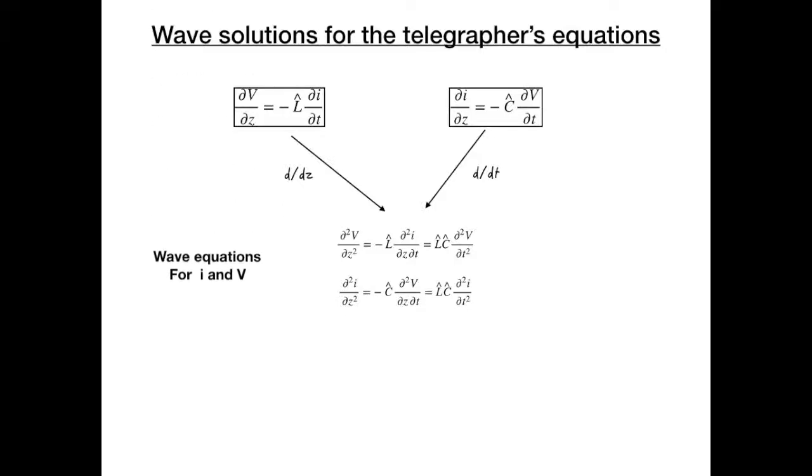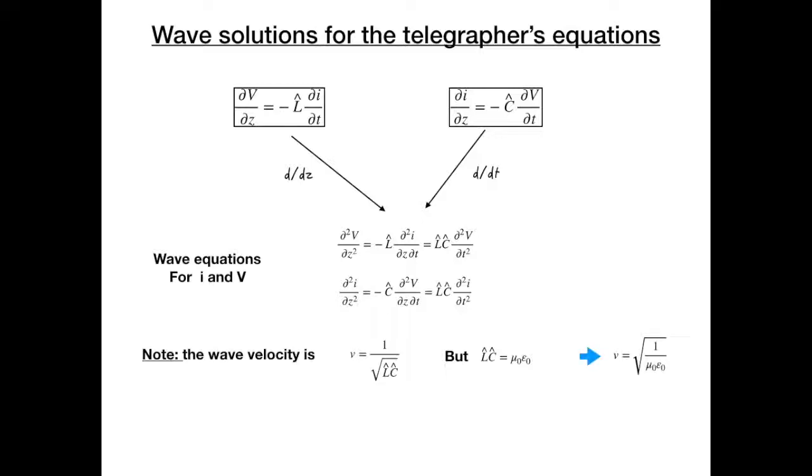Note that the velocity is 1 over the square root of L hat times C hat, which are the capacitance and inductance per unit length. But as we've seen previously, L hat times C hat is mu 0 times epsilon 0, which are constants of nature and are completely independent of the geometry of the transmission line.